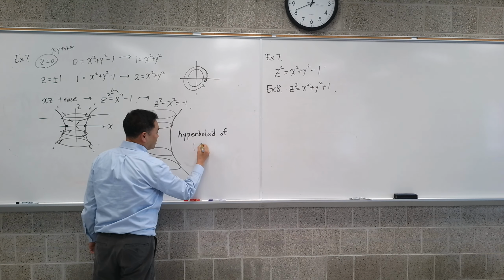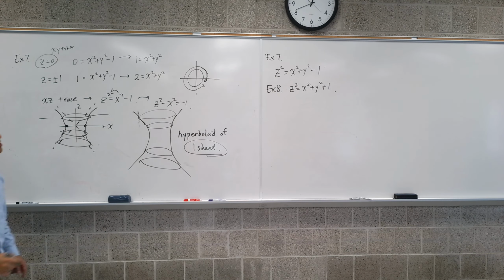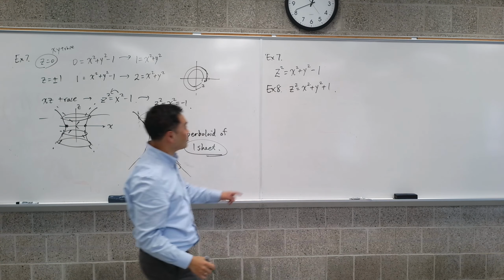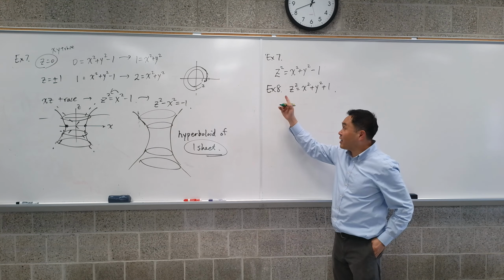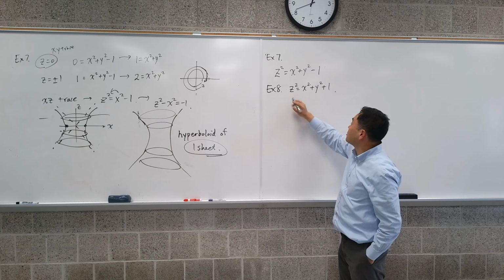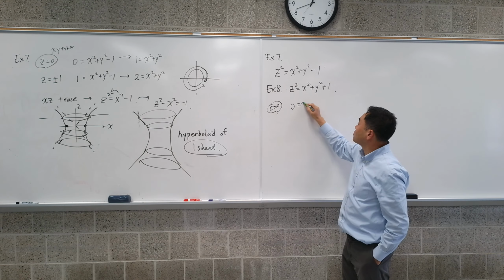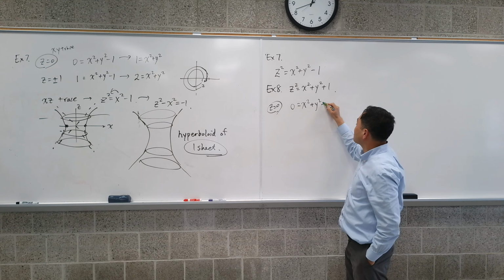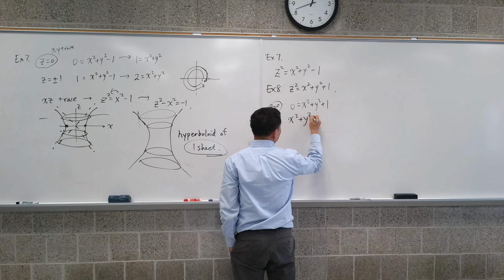of one sheet. Now, why one sheet? Well, that's explained if you do the same thing here. This one too will have cross sections as circles, but slightly different, because if you plug in z equals 0, you get 0 equals x squared plus y squared plus 1, which means x squared plus y squared equals negative 1.